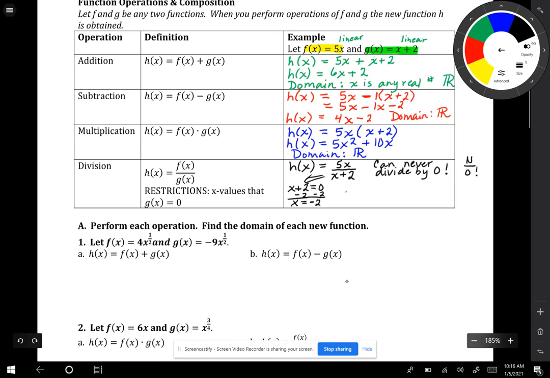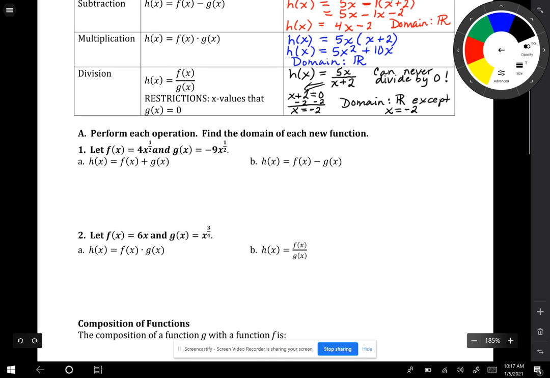So your domain is all real numbers except x equals -2. Because if you put -2 in the bottom, -2 plus 2 is 0, and you can't divide by 0. So that would be your domain for the last one. And we'll do more examples.